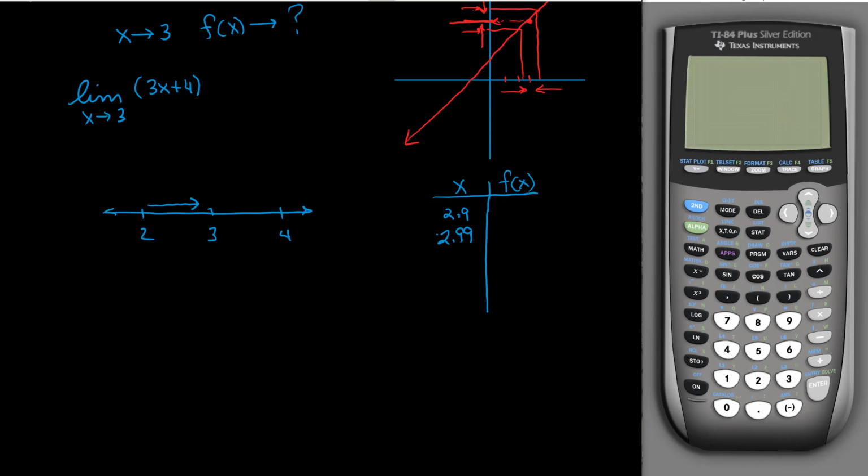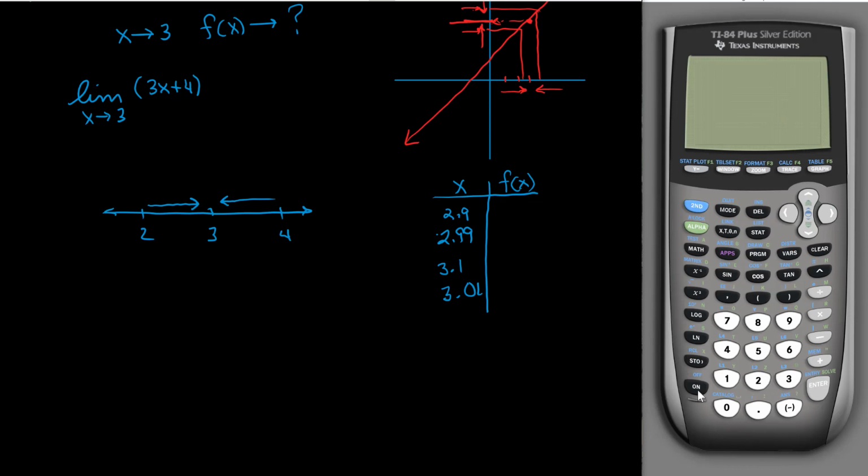As we approach from the right on that number line, we're going to have values like 3.1, 3.01. And you could continue from either direction, getting numbers that are closer and closer to 3 without actually plugging in the number 3. This can then be evaluated on your calculator.